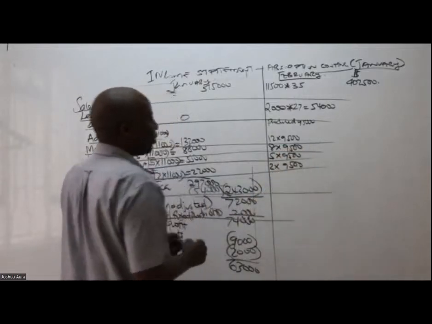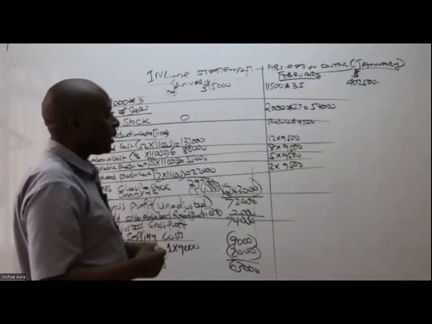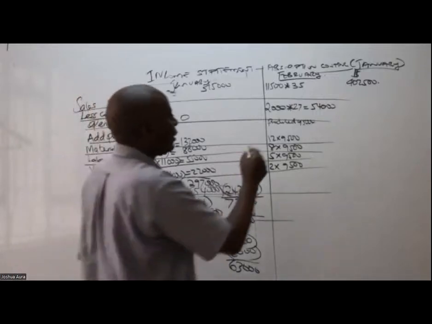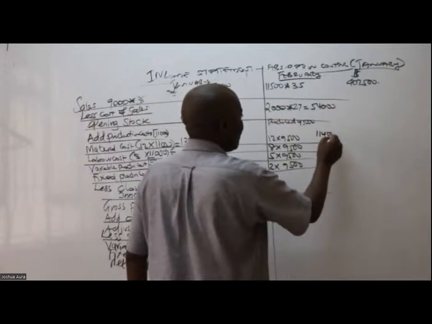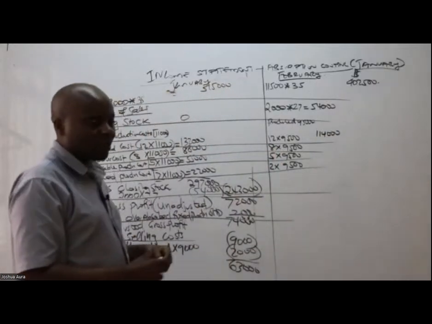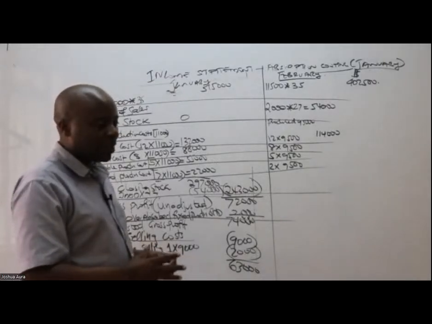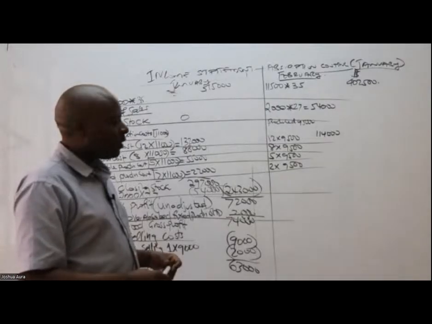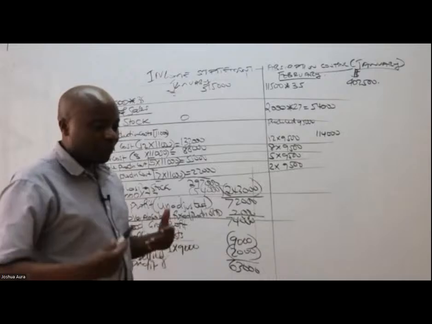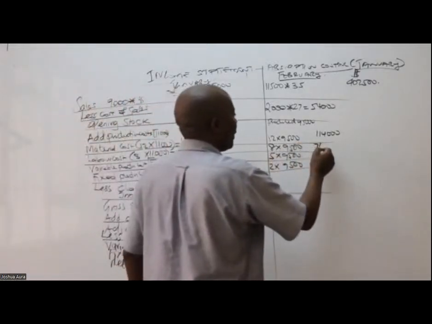So could you kindly, ladies and gentlemen, help me out here? Please give me these figures. The first one is 114,000. The second one will be 8 times 9,500. Is there somebody who is able to give me this figure? How I wish you could give me these figures very fast. 76,000. Thank you so much.